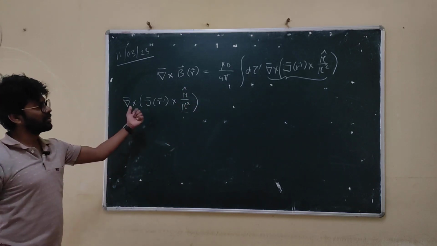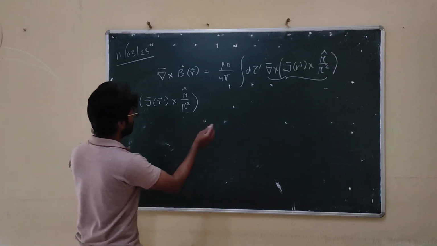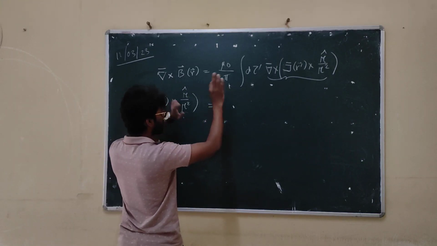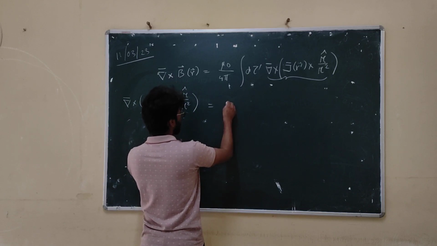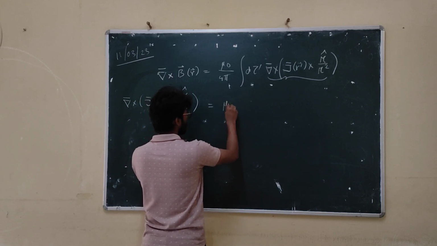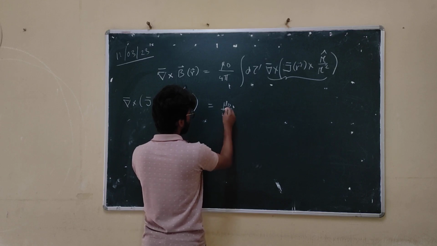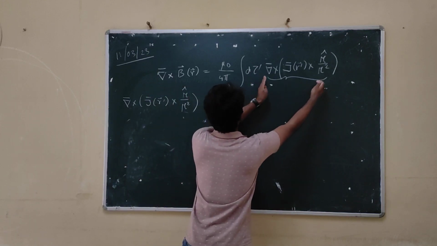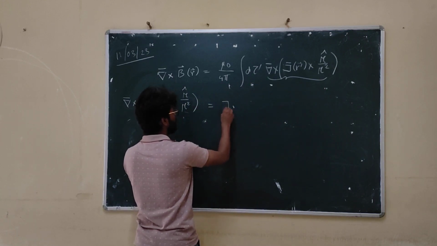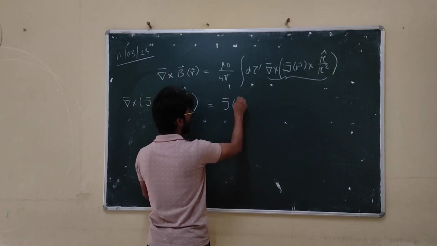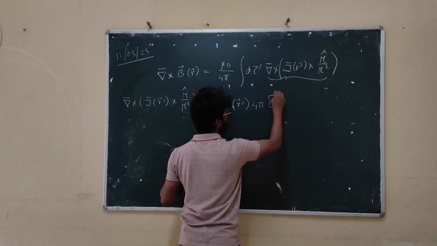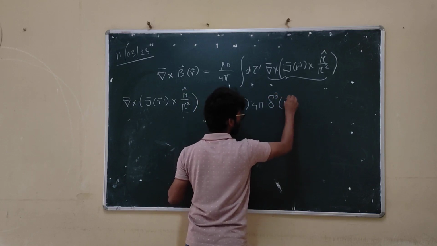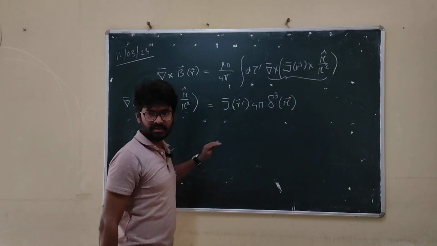Using the curl of A cross B formula, we found in the end, after lots of things, there were terms like mu naught over 4 pi inside this. So we found J of R prime times 4 pi, 3-dimensional delta over R, right? It was a term.